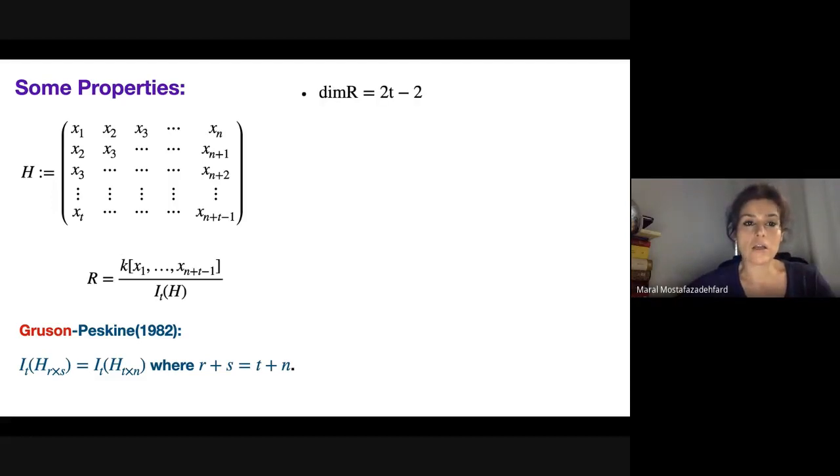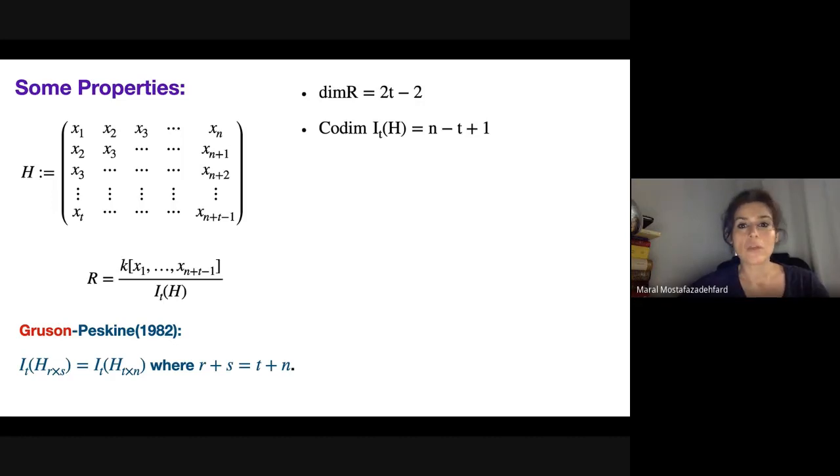Let me go on. You can think about the Hankel determinantal rings as second varieties of higher order of rational normal curves, but sometimes you can consider this matrix as a linear specialization of the generic matrices. So what we get is that the dimension of this ring is 2t minus 2, and the codimension of the determinantal ideal in terms of the size of the matrix is this number.